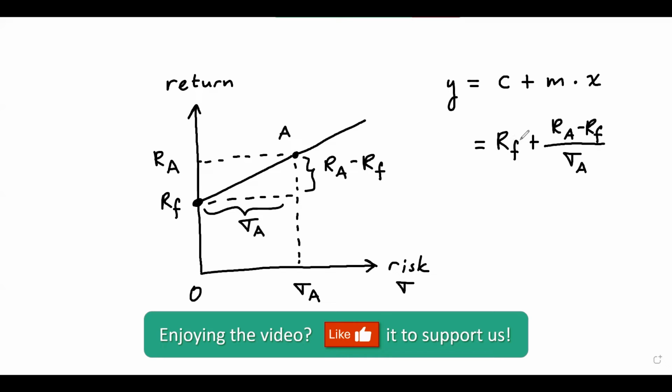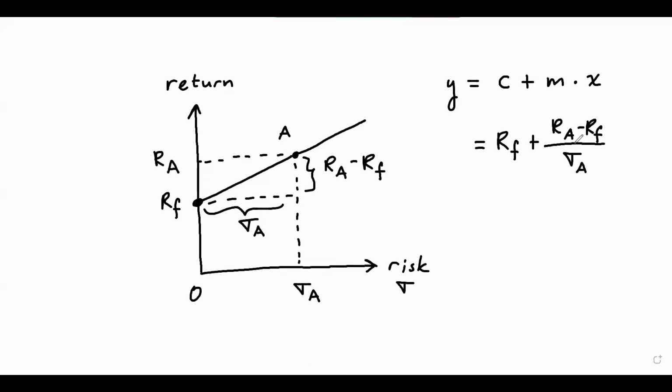Now, basically, I've got the intercept and I've got the slope. The final thing is to understand what our x and y variables are. In this scenario, it will be any portfolio, let's call that P, that is a combination of the risk-free rate and our risky asset A. So any portfolio will have a risk of sigma P. I'm just going to call this portfolio P, and its return will be essentially equal to this right-hand side, right?